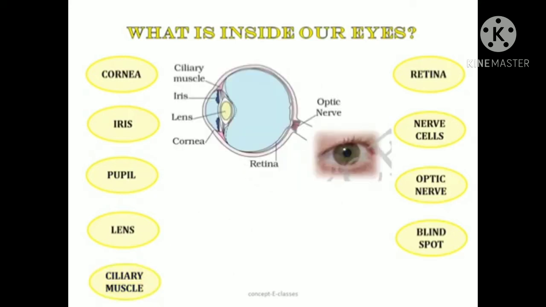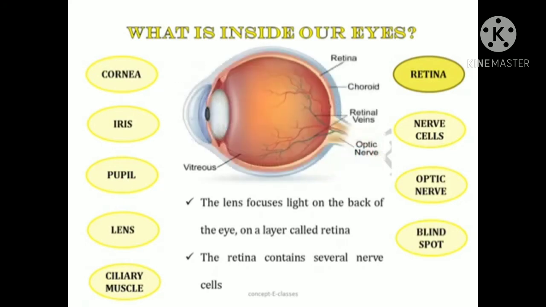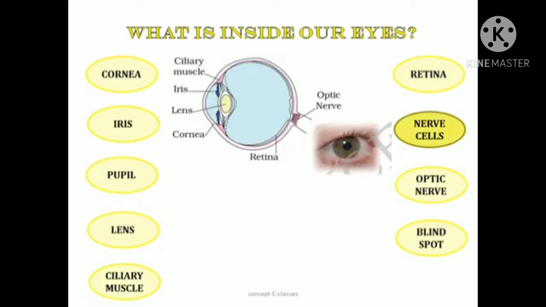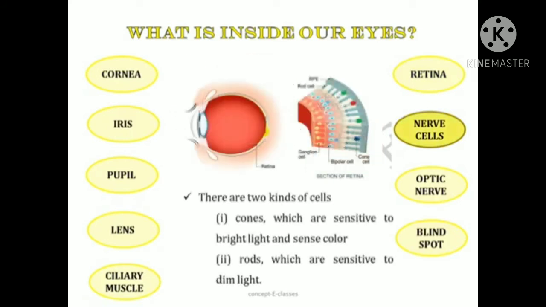The next topic is the retina. The lens focuses light on the back of the eye, on a layer called the retina. The retina contains several nerve cells. There are two types of nerve cells: cones, which are sensitive to bright light and sense color, and rods, which are sensitive to dim light.